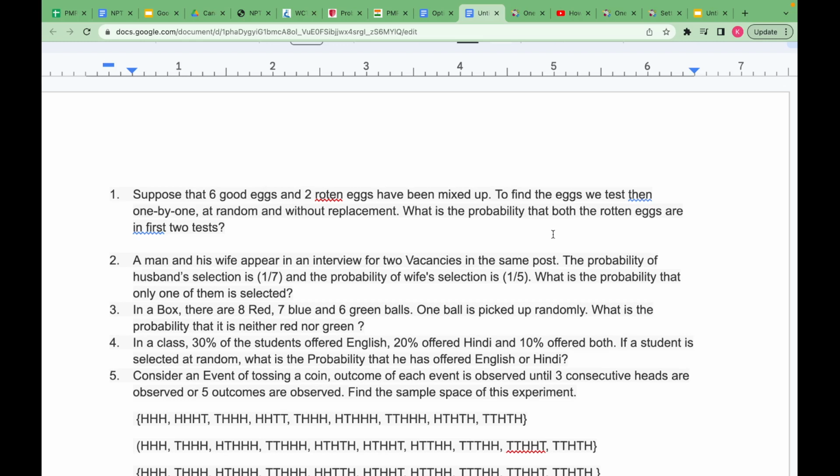So we multiplied them because both those events are independent. The first event is not dependent on the second event, and the second event is not dependent on the first. If we want to find the probability of both the events, and they are independent, then the probability will be PA into PB.